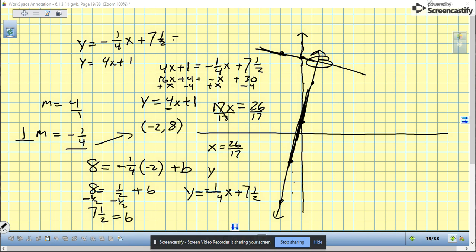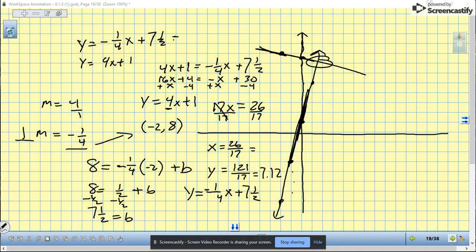To find the y value, you plug that x back into either equation, okay? So 4 times 26 divided by 17 plus 1 gives you a y value of 121 over 17, which is approximately 7.12.